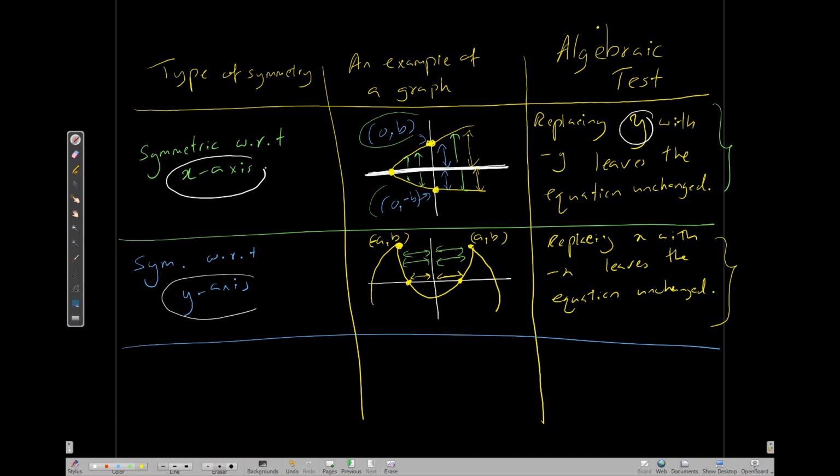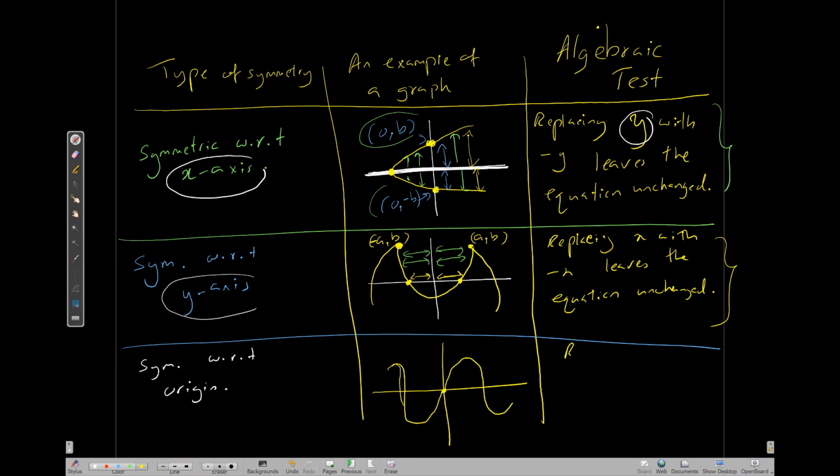Now there is one more symmetry. Well, you don't have any more axes, x and y we all discussed, but there is one nice symmetry. And that symmetry is symmetric with respect to origin. Now, for example, a famous example, sin x curve, it goes like this. See, this one is symmetric with respect to origin.